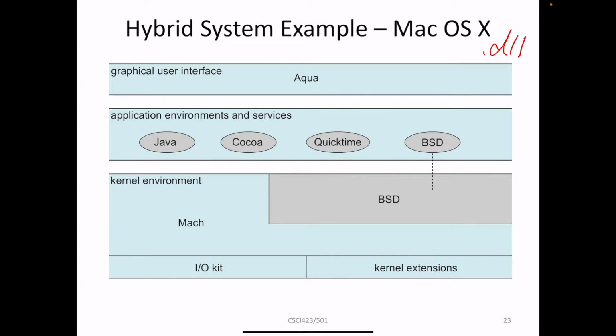This slide shows the example of macOS, which is a real-world example using layered structure. However, the layered approach is only partially applied. Here we have three layers: one for user interface, one for application environments and services, and the last one for the kernel.